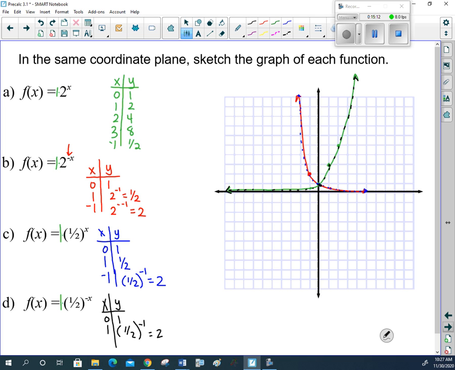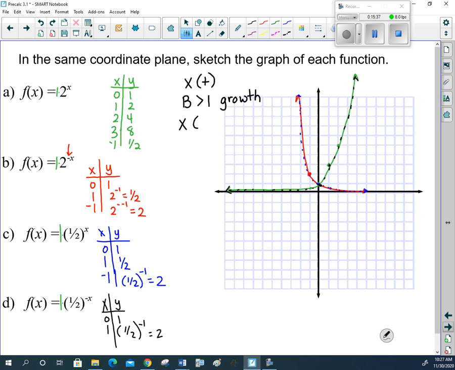All right. So depending upon that exponent's sign, meaning the x is positive or negative, that really affects what the b is. So when x is positive and the base is greater than 1, it's a growth.